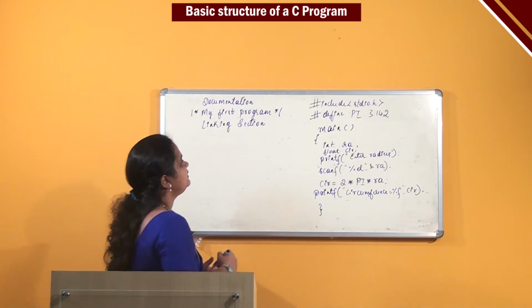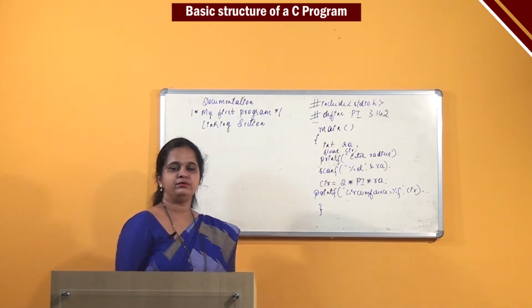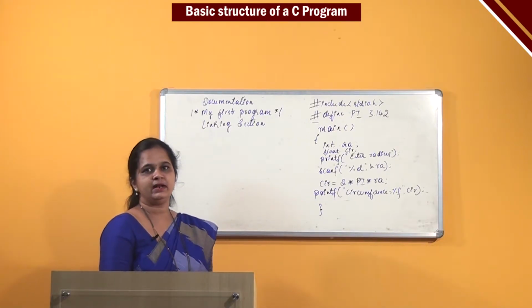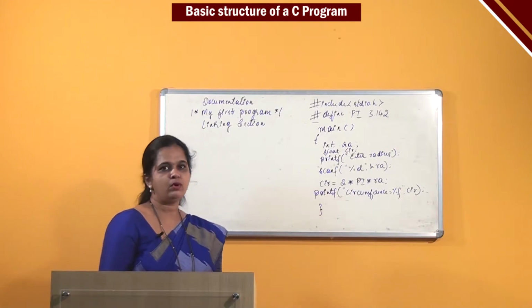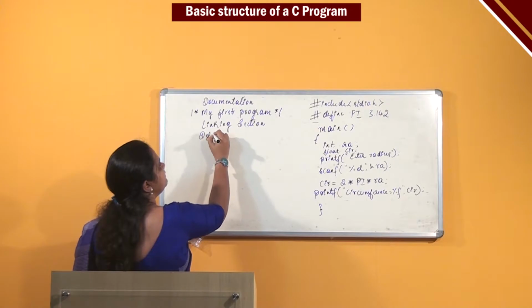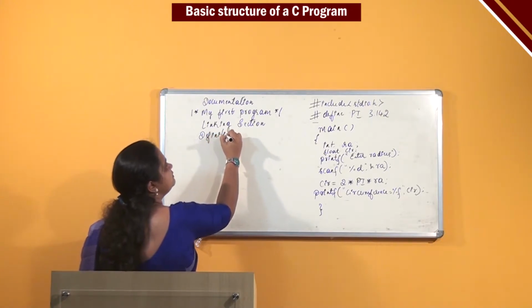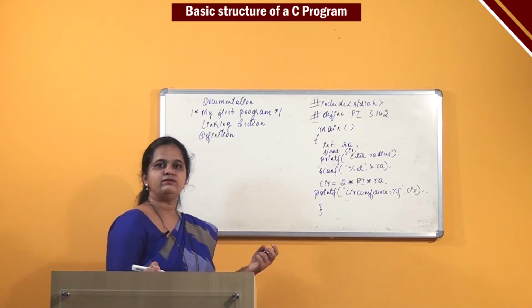Next is the #define PI 3.142, which is the constant that we have declared, and that is called a symbolic constant. That section you can call the definition section, because you can define any symbolic constant you want for your program.